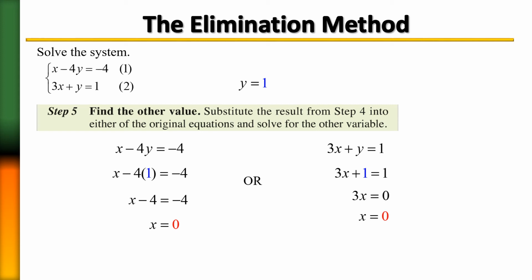So it does not matter which one you plug it into. You don't need to plug it into both equations. One or the other will give you your other variable. So my solution here is 0, 1, because I got a 0 for x and a 1 for y, which gives me an ordered pair solution of 0, 1.